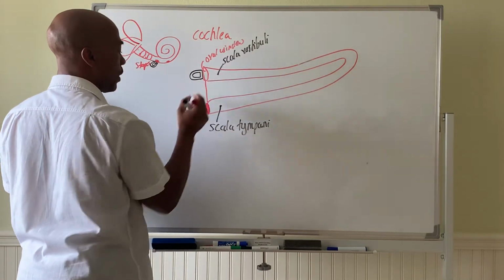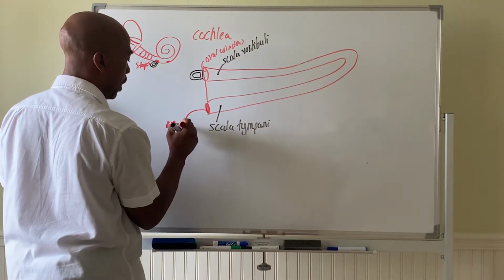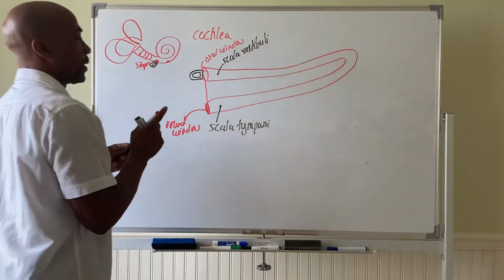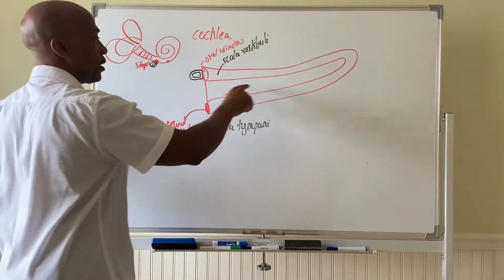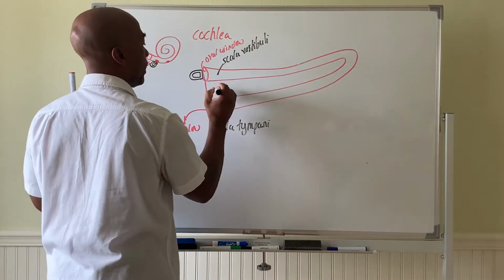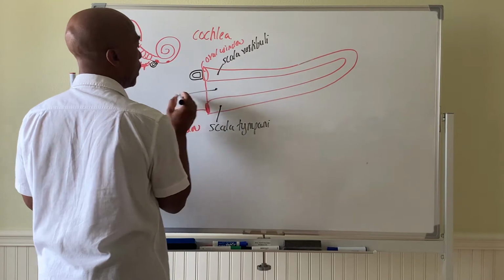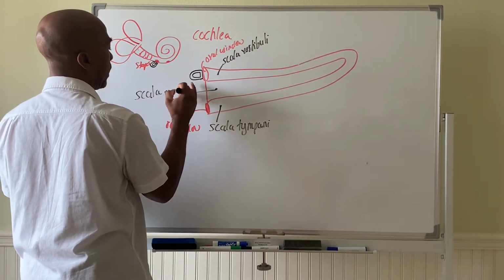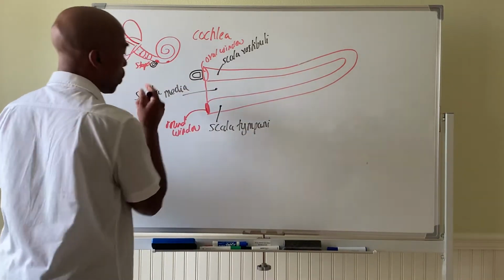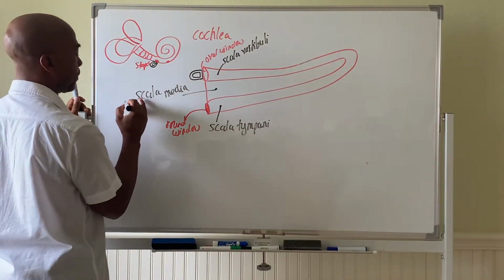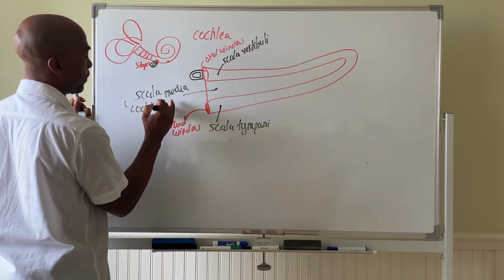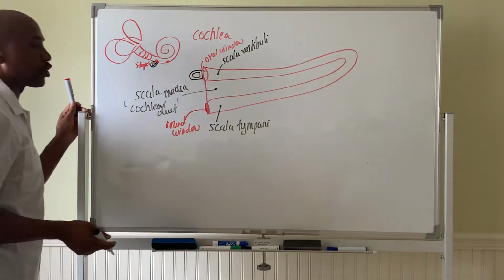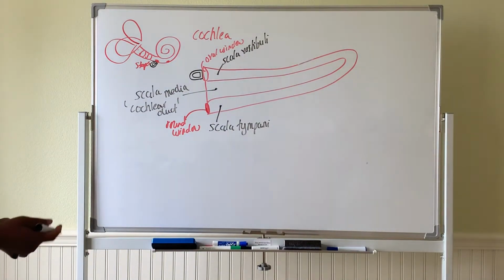So oval window and round window. Then the center scala here is called your scala media, but it's also called your cochlear duct. The cochlear duct is another term for the scala media.